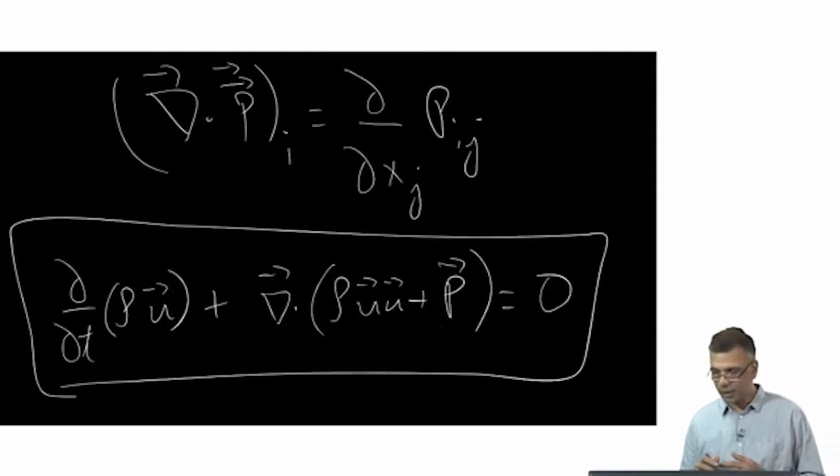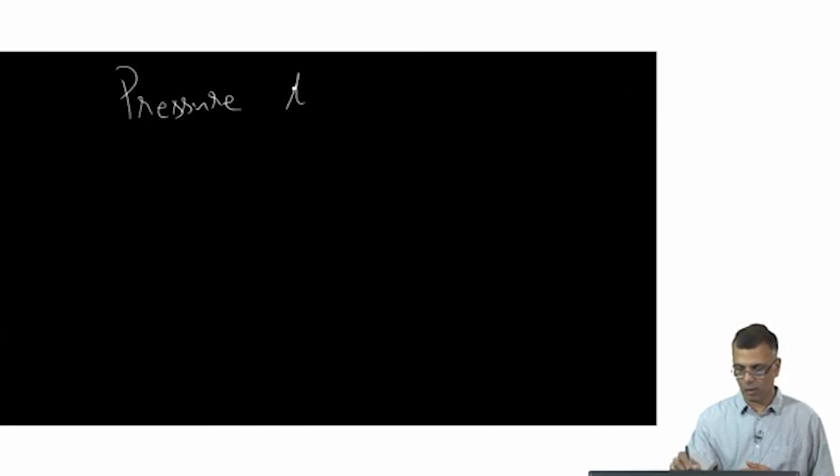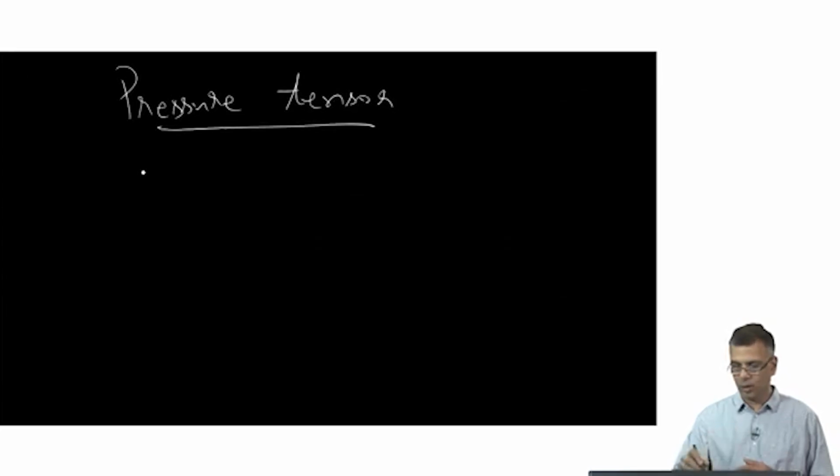Before proceeding, I should say that in general the pressure tensor is Pij, which is something like this.